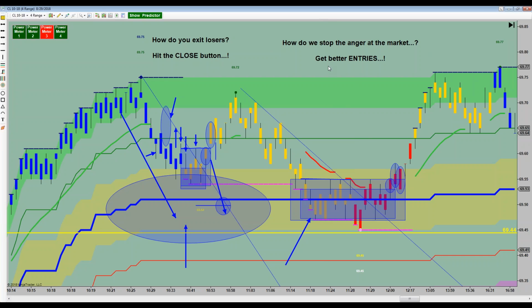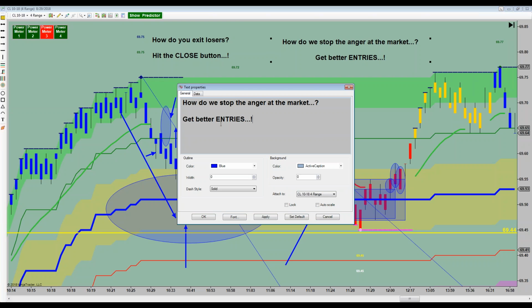If you could improve your entries, proper good entries generally equal winning trades, which equal what? Higher success rates, a lower degree of anger. And getting better entries is going to do what? This is so underestimated. Build your confidence.